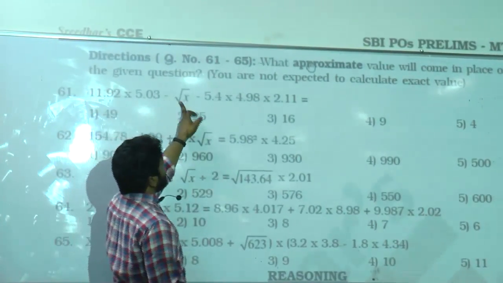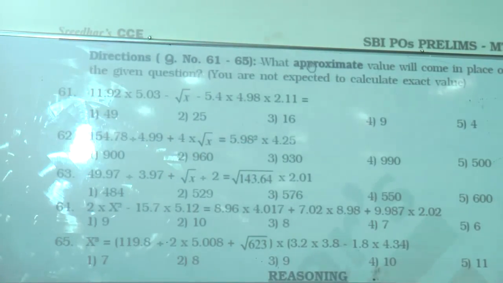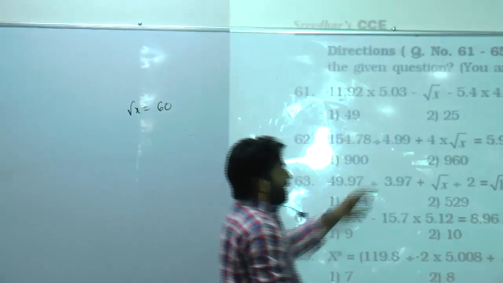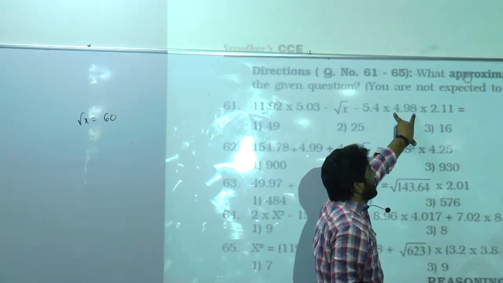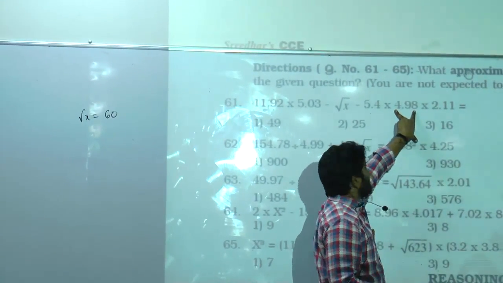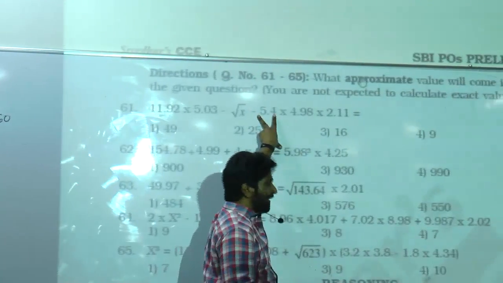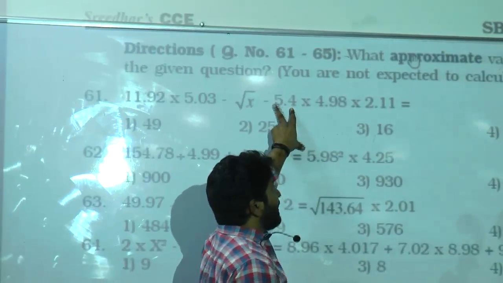Take this root x to the right hand side. That becomes plus root x. So root x is equal to 60 minus 5.4. You can treat this as 5. 5.4 5 times. 10 times and make it half. 10 times is 54. Half 27.